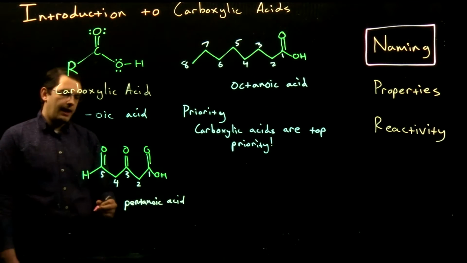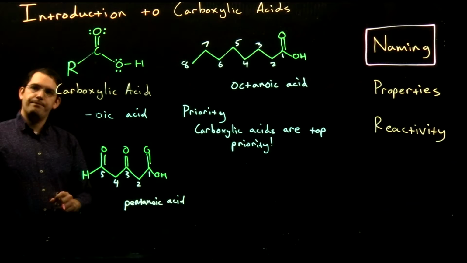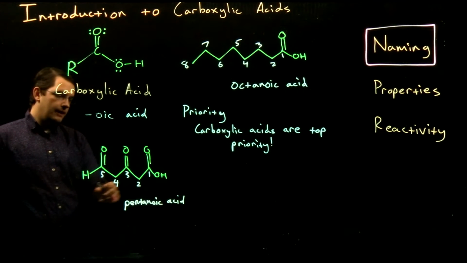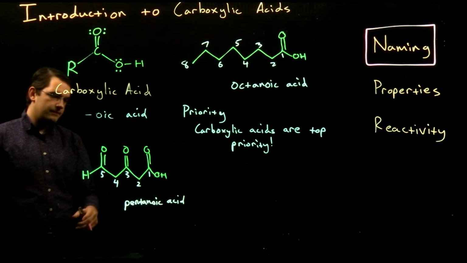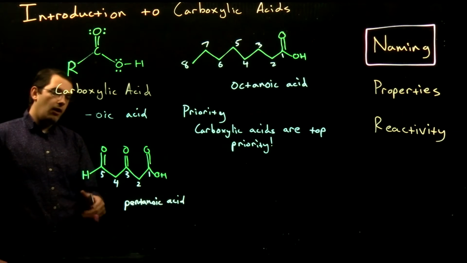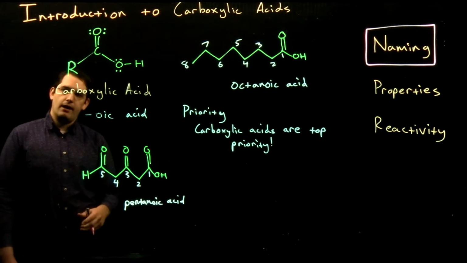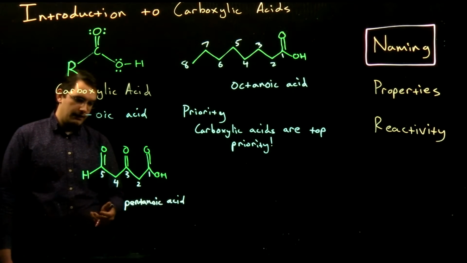And now we just have to add our individual substituents. So our ketone is now a branch at the 3rd position, so that'd be 3-oxo. Our aldehyde here is actually also going to get an oxo prefix to indicate that carbonyl carbon double bonded to oxygen.